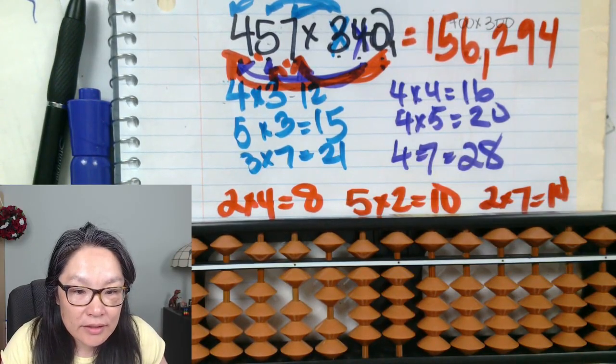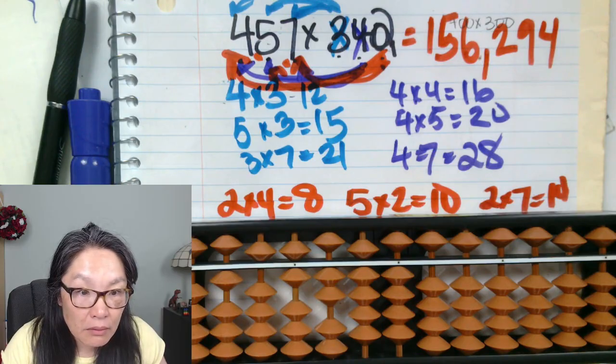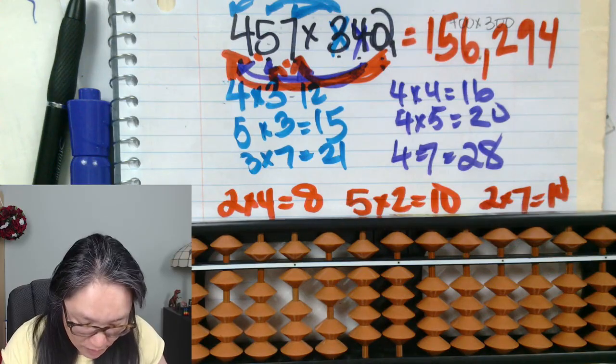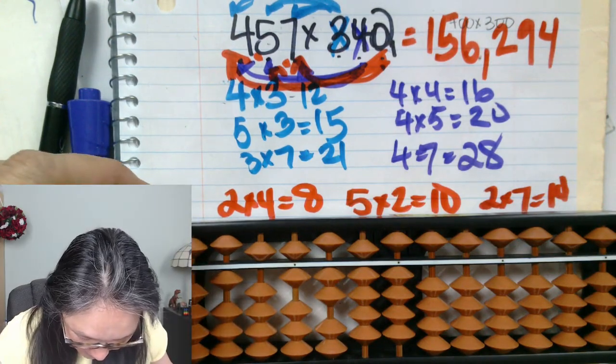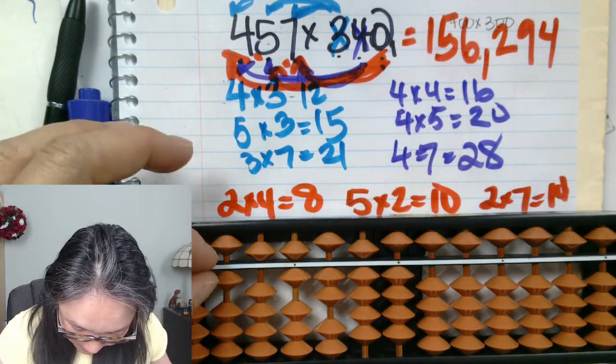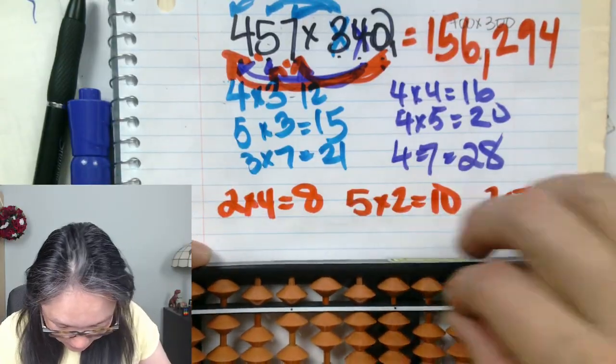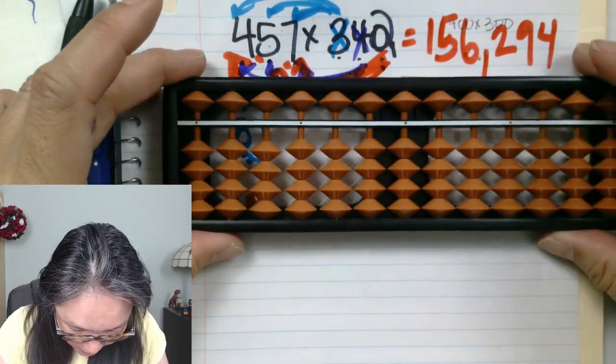Let's see. 5, 4, 5, 7 times 3, 4, 5. No, I'm wrong. So I did mess it up. That's not right. So now I got to do it again.